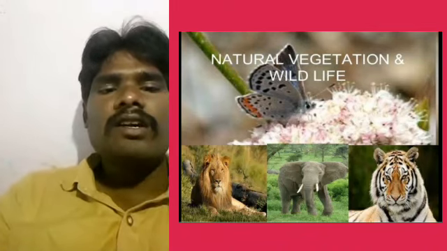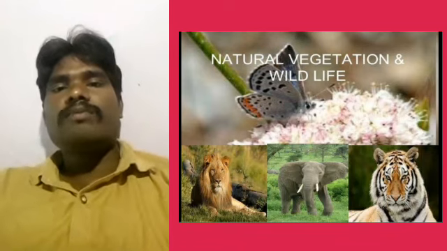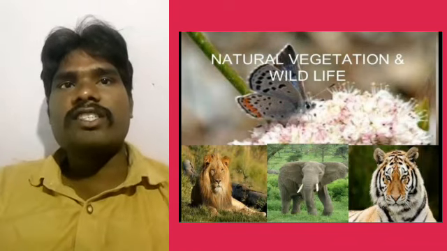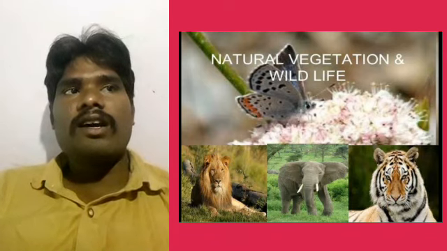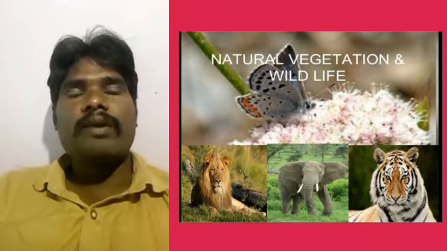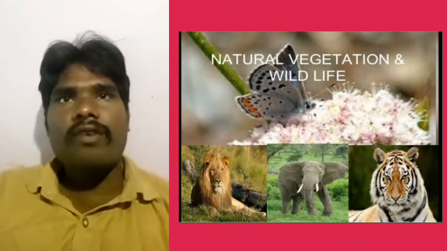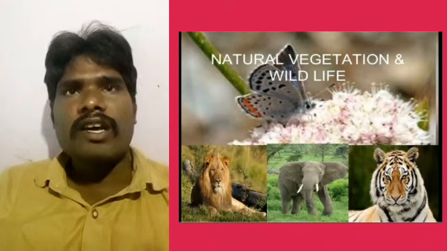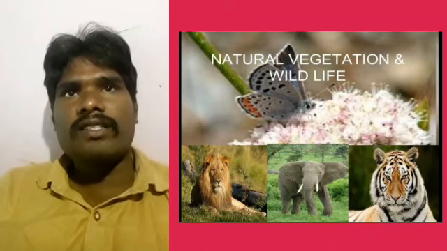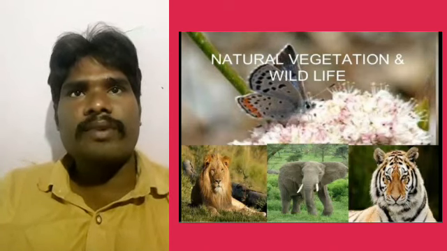Classification of forestry: there are two types, evergreen forests and deciduous forests, and you may observe them in tropical and temperate places. Tropical evergreen forests, temperate evergreen forests, tropical deciduous and temperate deciduous.